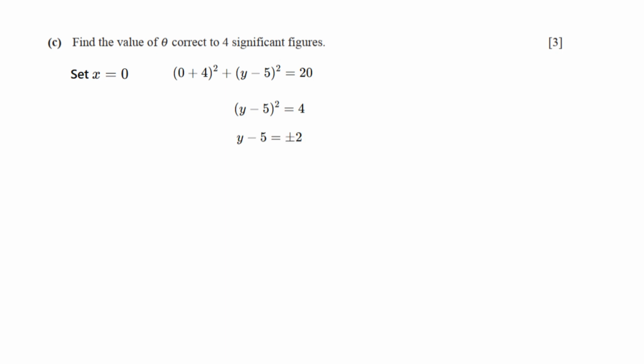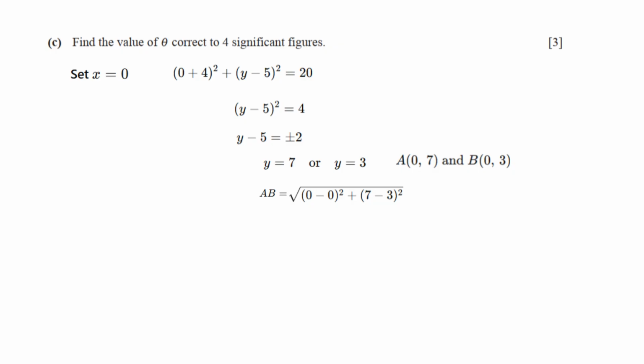So y minus 5 is equal to plus or minus 2. So y is equal to 5 plus or minus 2, which is 3, 7. So coordinate of A is 0, 7 and coordinate of B is 0, 3.